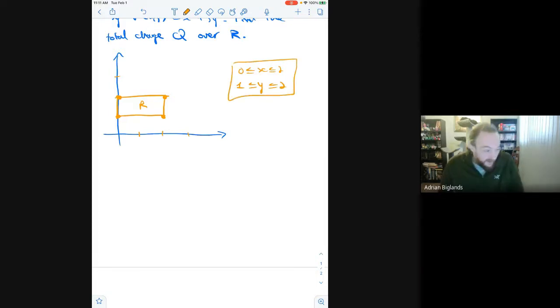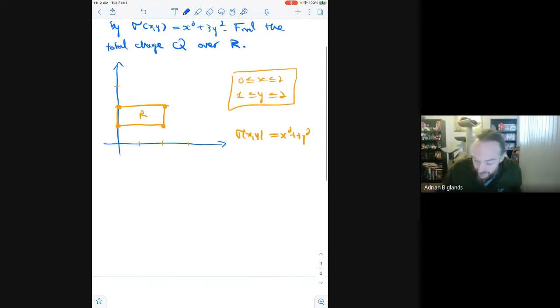And so we're integrating over this, and it tells us that our sigma of x, y is x squared plus 3y squared. Total charge density is just like mass density. The total charge is just the double integral of either the mass density that they give you, rho, or the charge density, sigma.